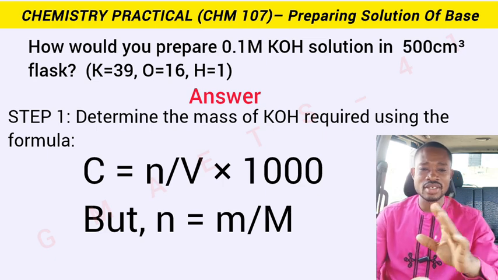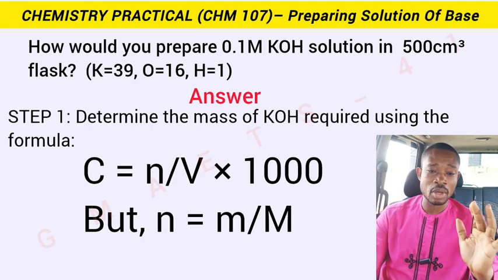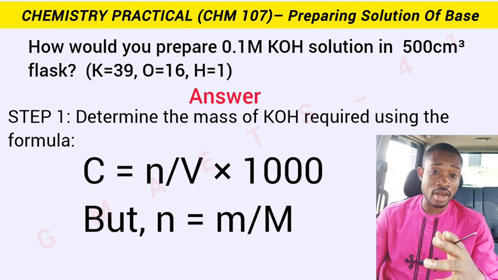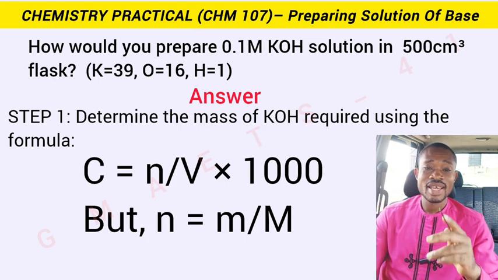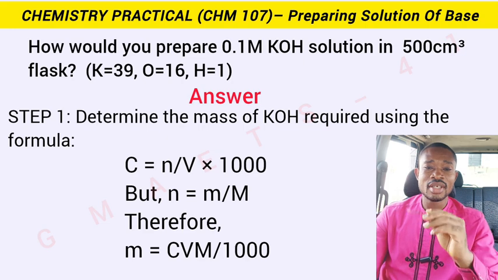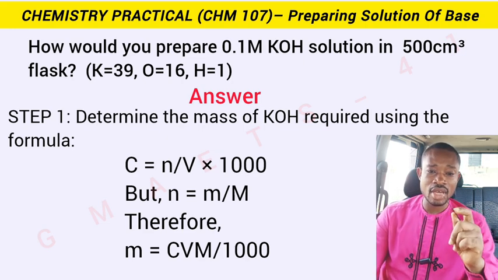No time to waste. Let's work out this formula and make mass the subject of the formula. If you do so, the mass of the potassium hydroxide to be dissolved is going to be CVM divided by 1000. Once again, the mass to be dissolved, M, is equal to CVM divided by 1000.